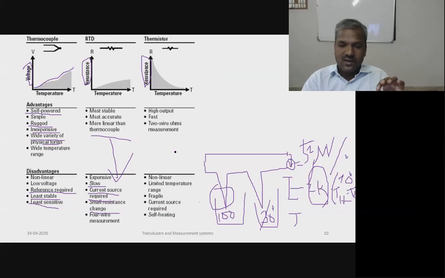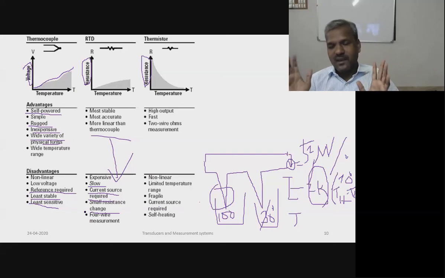Also, if you use a 2-wire RTD, there will be lead wire error. If you go for a 3-wire RTD, you can somewhat avoid lead wire error. So for better and accurate measurement, we require 4 wires in the RTD measurement. These are all the disadvantages.